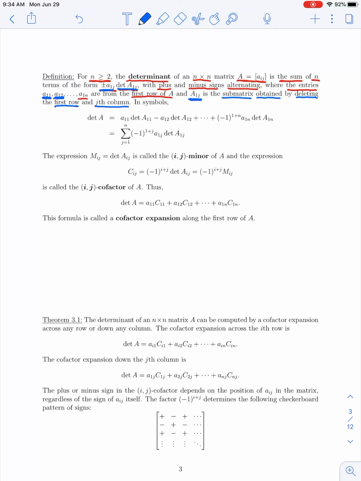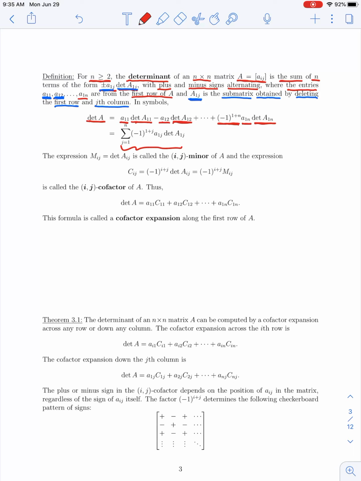So in general, the determinant of a square matrix A would be the sum of these terms: A11 times the determinant of capital A sub 11, minus A12 times the determinant of capital A sub 12, and so on. And in general, our nth term would be negative 1 to the 1 plus n, so that our signs are alternating, plus minus, times A1n times the determinant of the matrix capital A sub 1n, which we could write using sigma notation as follows.